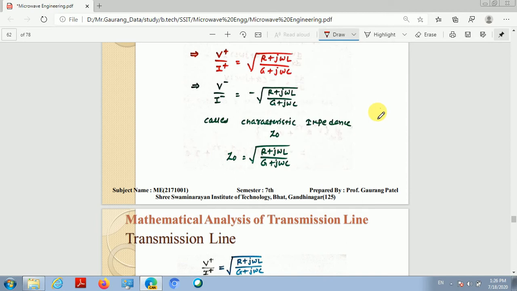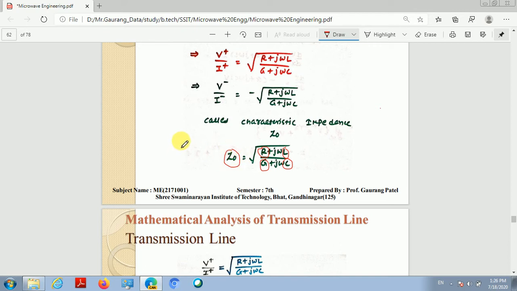We also discussed that this characteristic impedance is a performance parameter of the transmission line, meaning it depends on the parameters of the transmission line. Which are the parameters? Resistance, inductance, conductance and capacitance. So if we know these primary constants of the transmission line, we can easily compute Z0, the characteristic impedance.